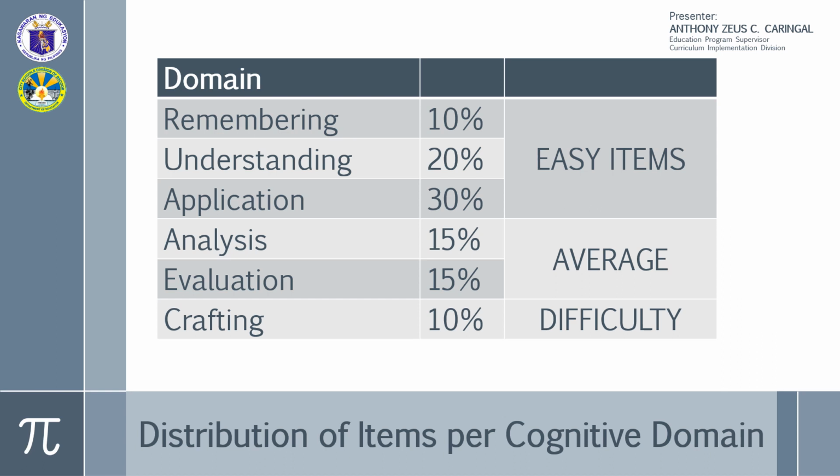But you have to remember, 60 items for easy. You can change the percentage here. For example, for remembering, if you want it to be 20%, it can be in other subjects, but not in math. For average, you will have 30%, and for the difficult, you can have 10%.